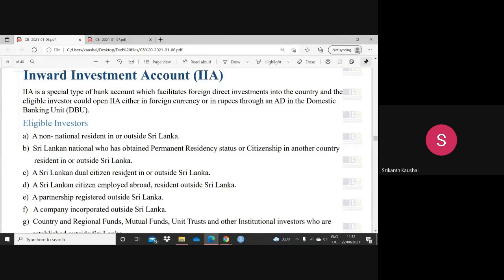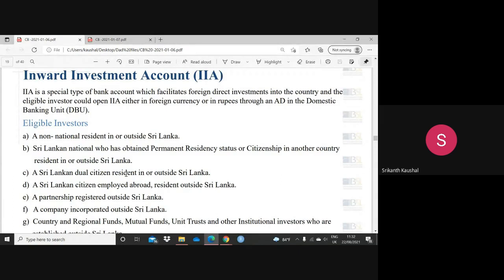Then a Sri Lankan national who has obtained PR or citizenship of any country, resident in or outside Sri Lanka. So that means any dual citizen or any Sri Lankan permanently residing in another country is permitted. So it is not only for foreigners.